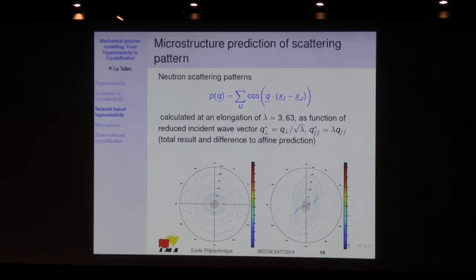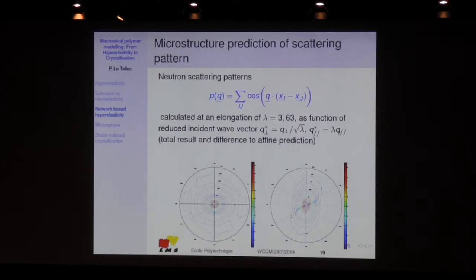You can calculate such a pattern from the positions simply through Fourier transform, and predict a different pattern, like observed in this observation, where this one is the total, and this one is a difference between the numerical one obtained by full minimization and the one which would be obtained using the affine assumption. So you get some insight.